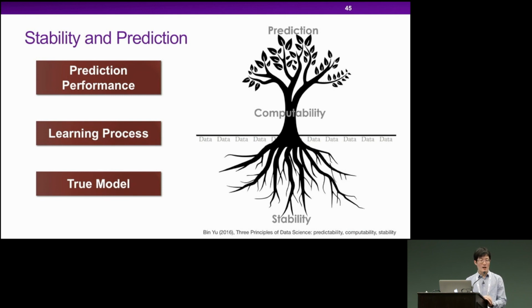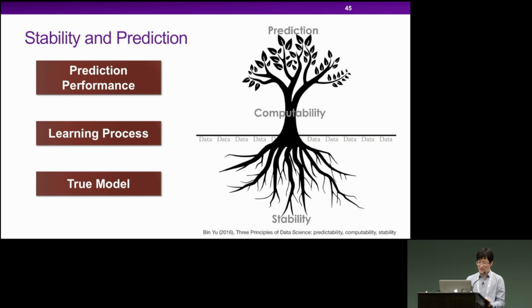The stability part means the true model. So what's the true model that generates this kind of data? And the computability corresponds to the learning process. We try to learn a model to fit this kind of data. And of course, the prediction corresponds to the prediction performance.